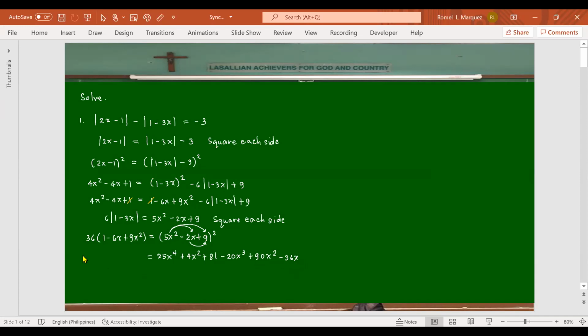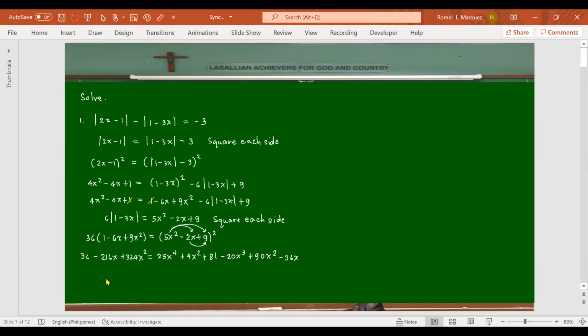Okay, guys? And this is 36 minus, what is 36 times 6, guys? Negative 216x. 9 times 36, that is 324x squared.